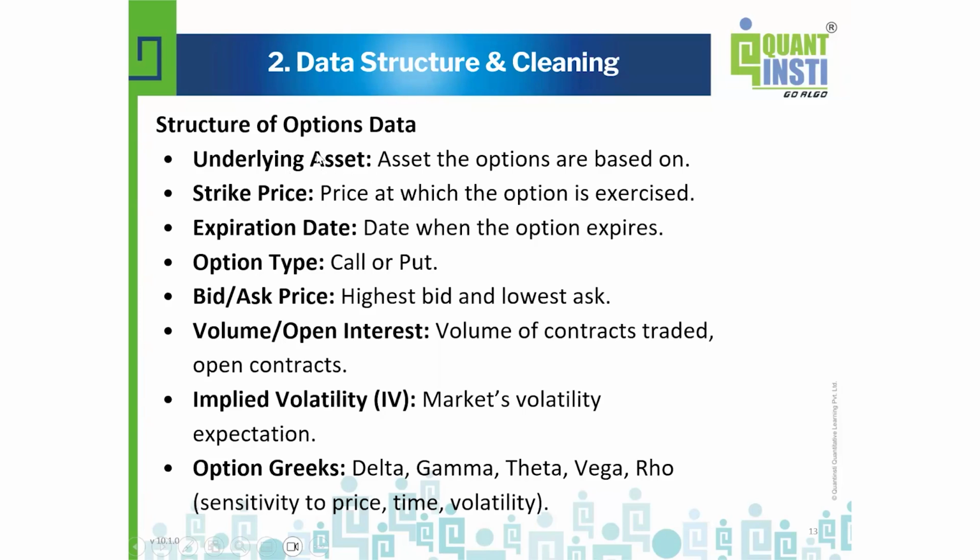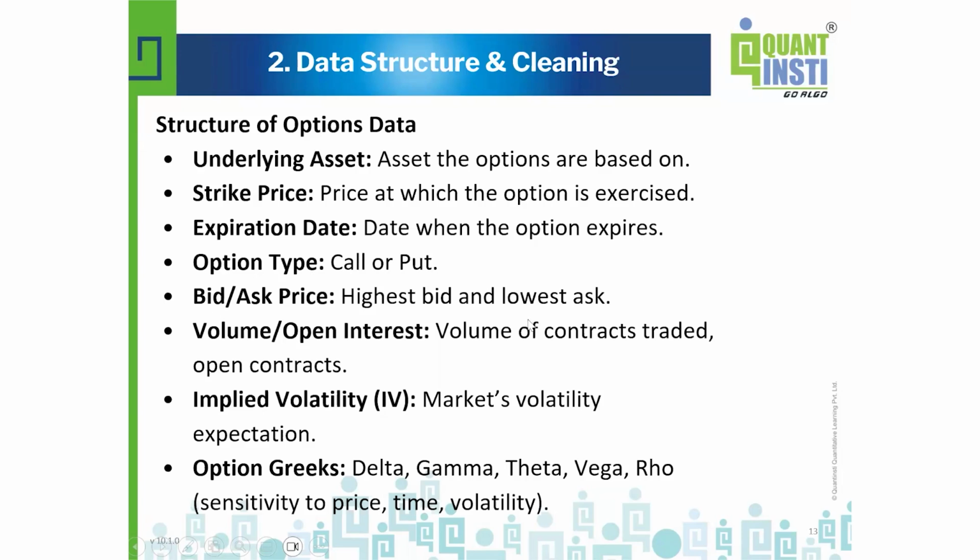It's going to tell you what is the underlying for the options data you collected. Then it has a column that tells what its strike price is, the price at which the option is exercised. It's going to give you the date of expiry and the type of option. Does the data belong to a call or a put? That also will be a column.